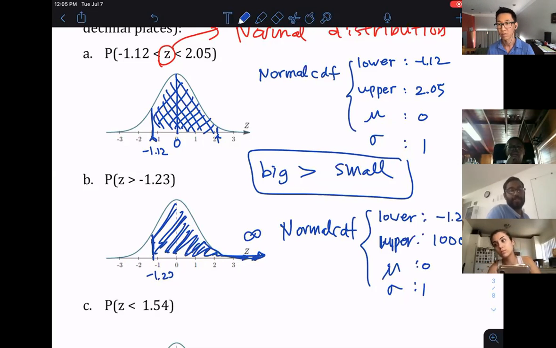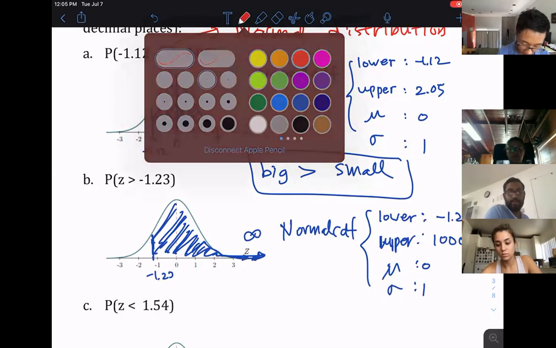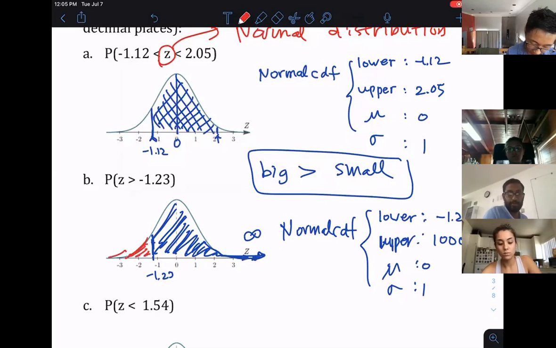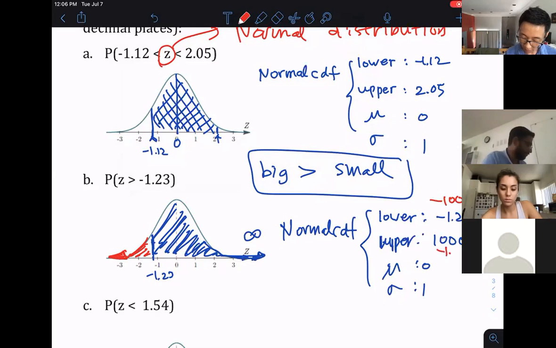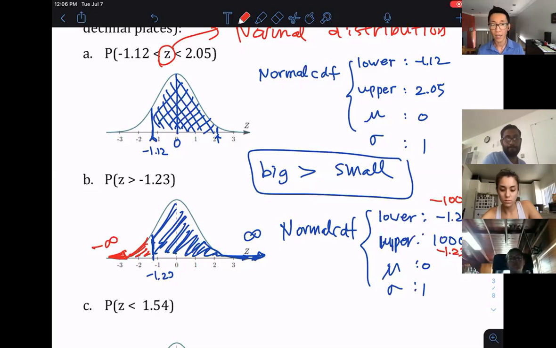Professor, what if it's the same thing, like Z less than -1.23? If the question was like this part, then the lower bound is -1,000,000 and the upper limit is -1.23, so I'll just switch it. Left is the negative side and right is the positive side.